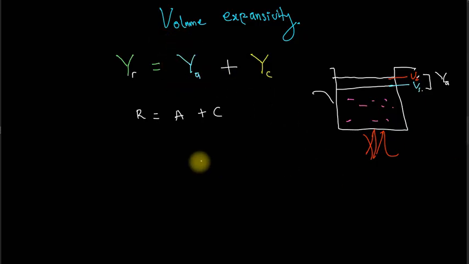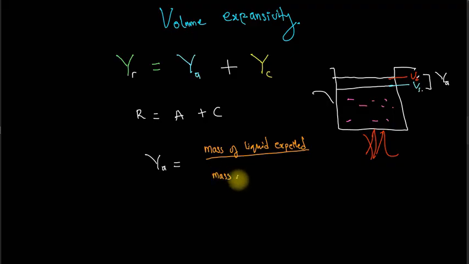Now, the formula for apparent cubic expansivity is given by, please take note of this formula, mass of liquid expelled all over mass of liquid remaining times temperature change, or temperature rise.